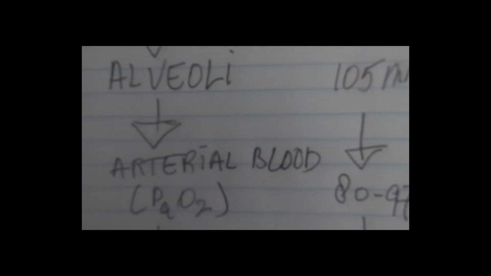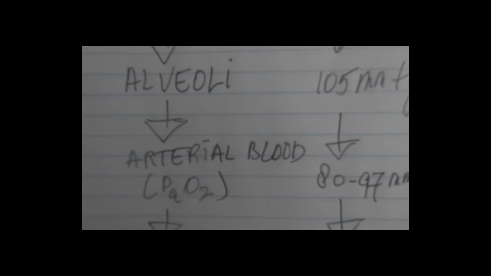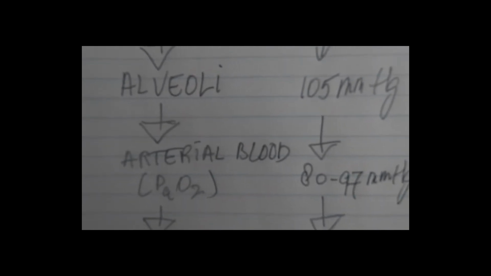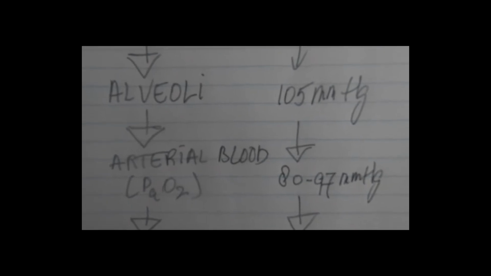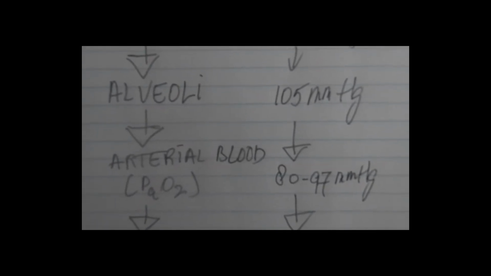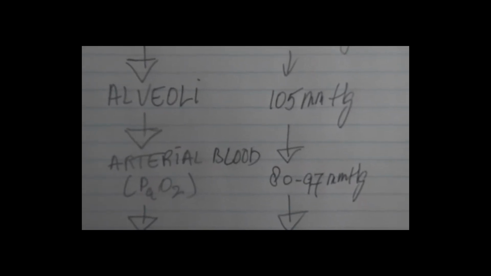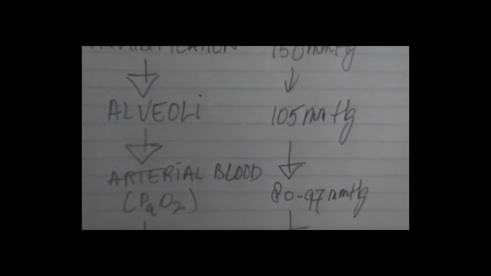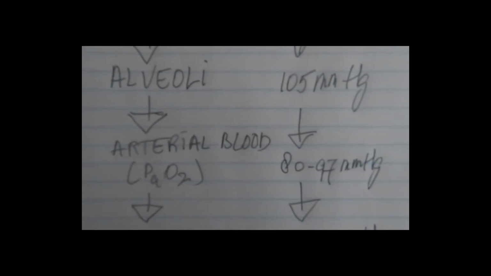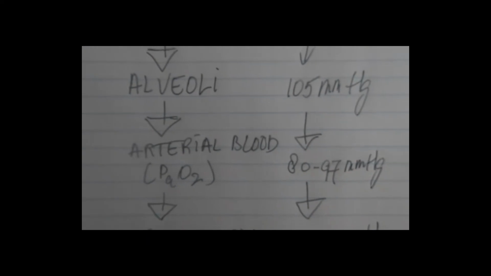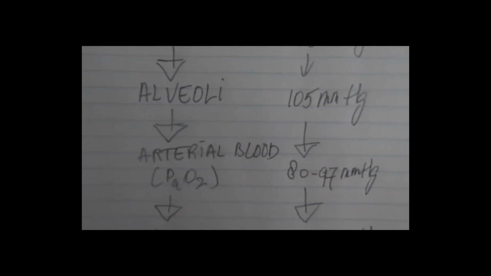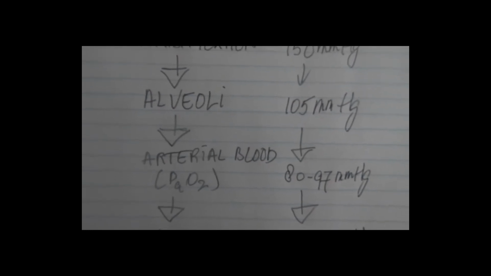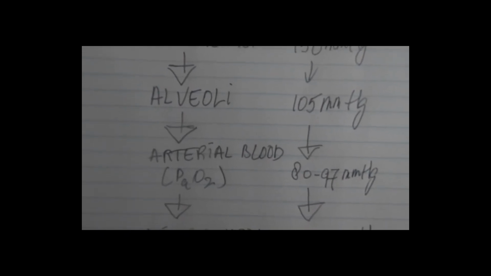We call that gas pressure in your arterial blood PaO2. Now, a lot of you are familiar with pulse oximetry. With pulse oximetry, you measure the oxygen saturation of hemoglobin. Your body wants more oxygen than it can dissolve in blood, so it has a carrier protein with an iron atom inside of it, called hemoglobin. It's found in red blood cells.